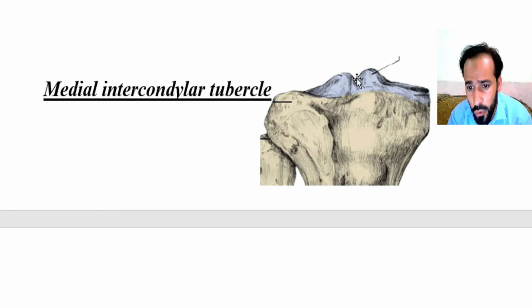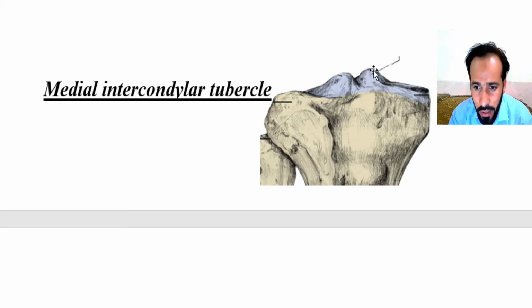Now in between the two condyles we have an intercondylar region, as I have told you before, right? But this little bit of eminence is the tubercle, right? So this is called the medial tubercle, as it is located in between the two condyles. That's why we say that this is the medial intercondylar tubercle, right?